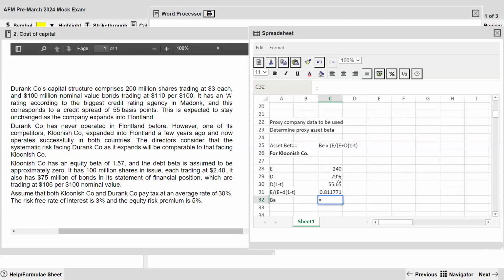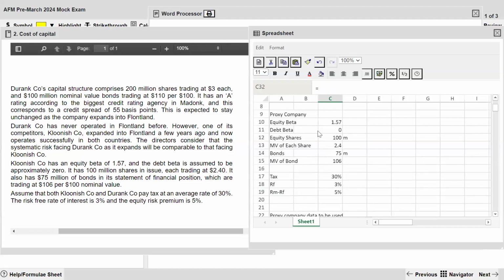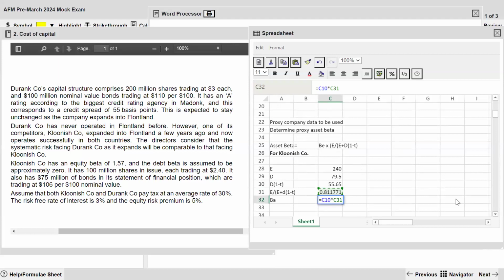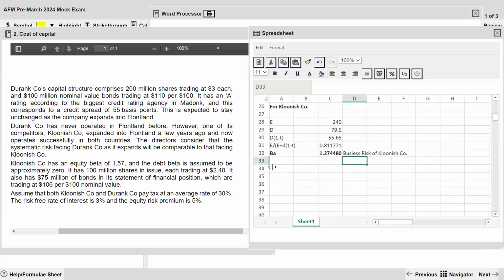So the asset beta is 1.274480. This is the business risk of Clunish company. Now what next is there?